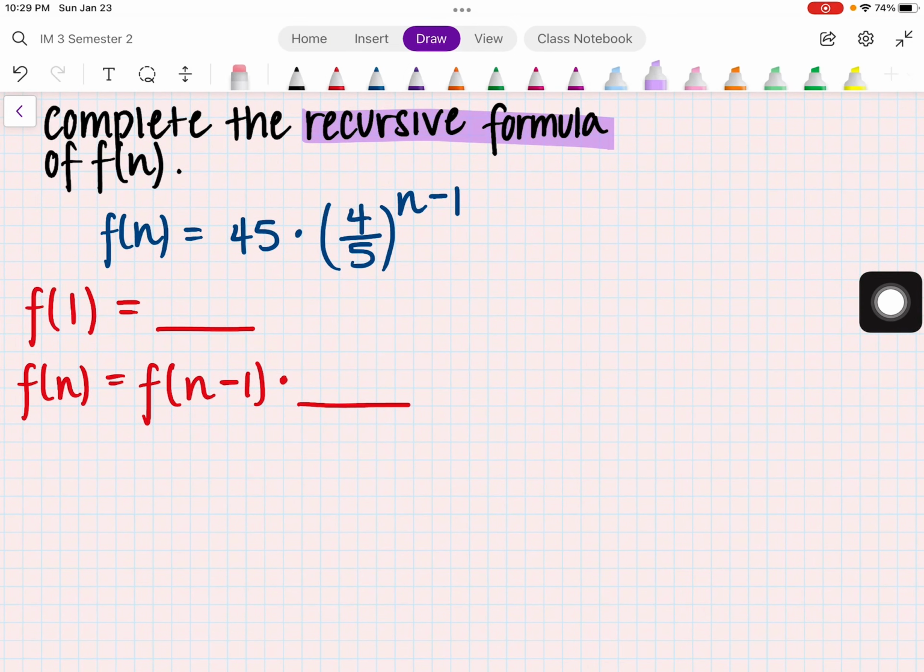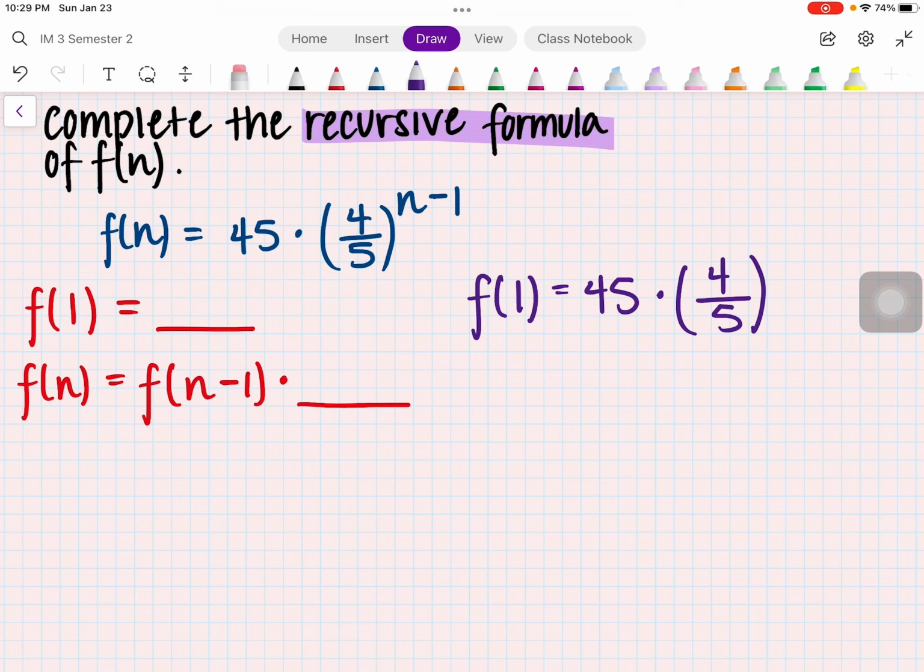So if we want to find f of 1, that's going to equal 45 times 4 over 5 to the 1 minus 1. So this becomes 45 times 4 over 5 to the 0 power.